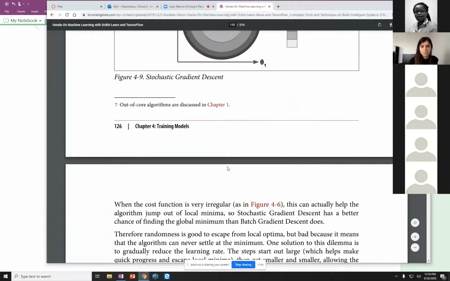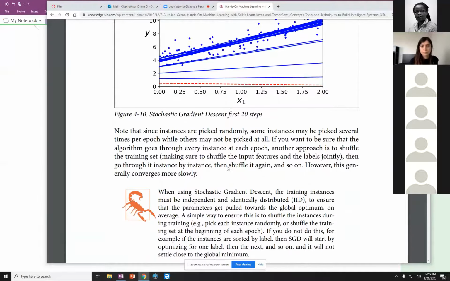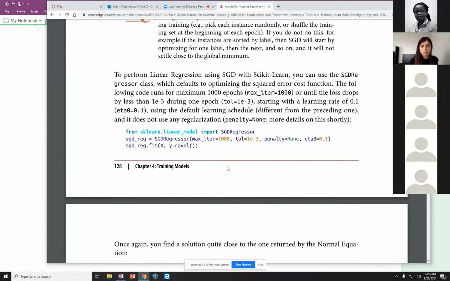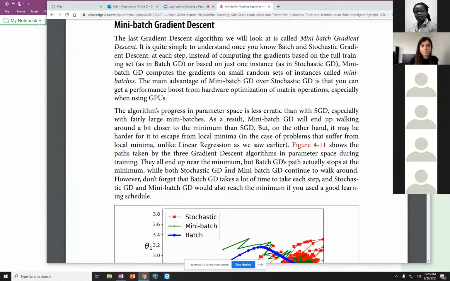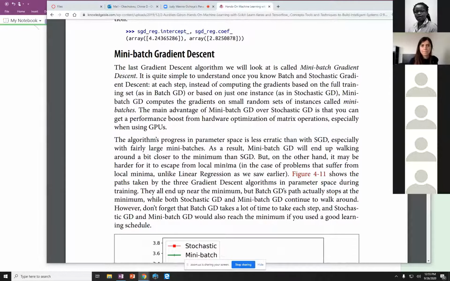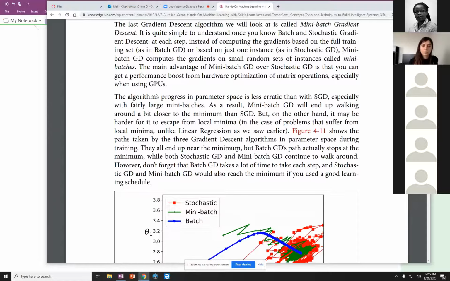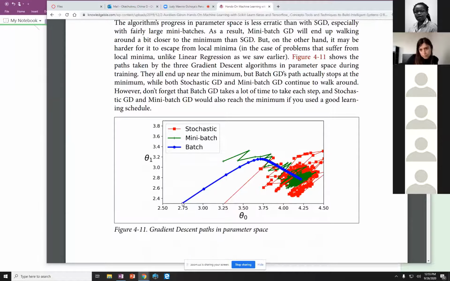Yeah. Now the last one, which is probably going to be our last one for today, is mini batch gradient descent, where instead of using all or just one, you pick some. Rather than training on all 5 of us, or making an adjustment based off one person, you pick maybe groups of 2, right? And you train the algorithm based off that.